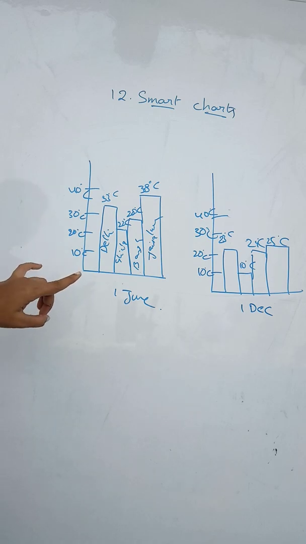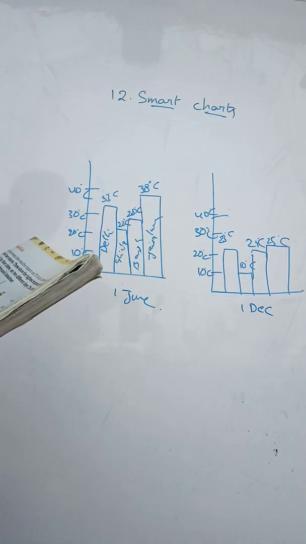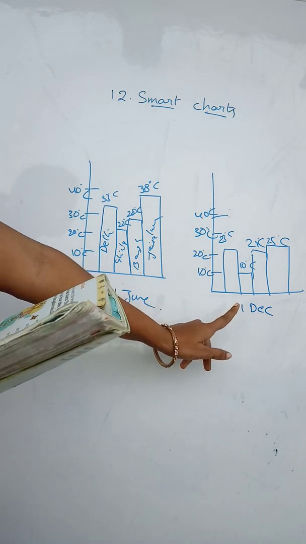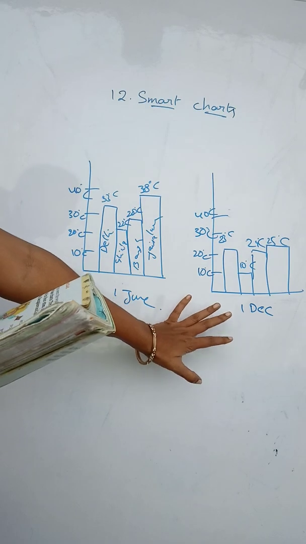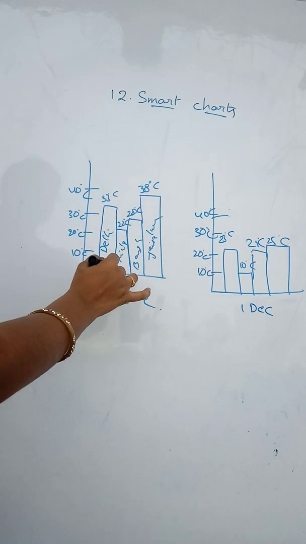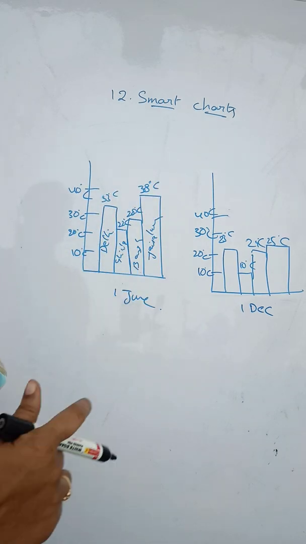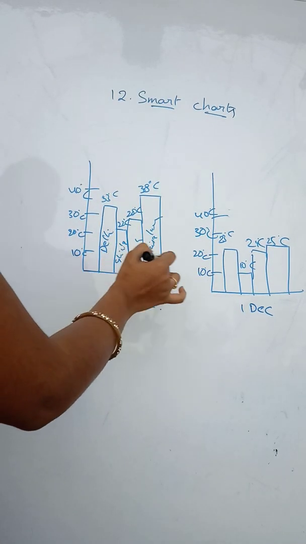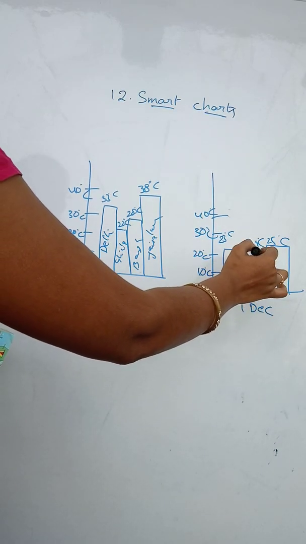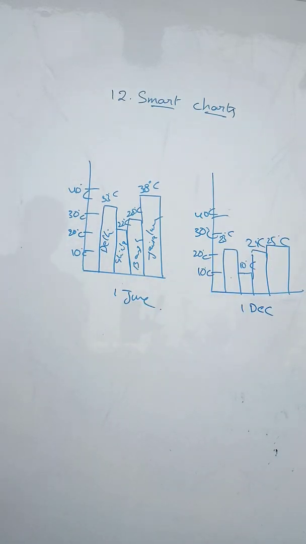A newspaper report gave 2 bar charts of the highest temperature in 4 cities on 2 different days, 1st June and 1st December. Delhi 33, Shimla 22, Bangalore 28, Jaisalmer 38 degrees Celsius. On 1st December, Delhi 23, Shimla 10, Bangalore 24 and Jaisalmer 25 degrees Celsius.